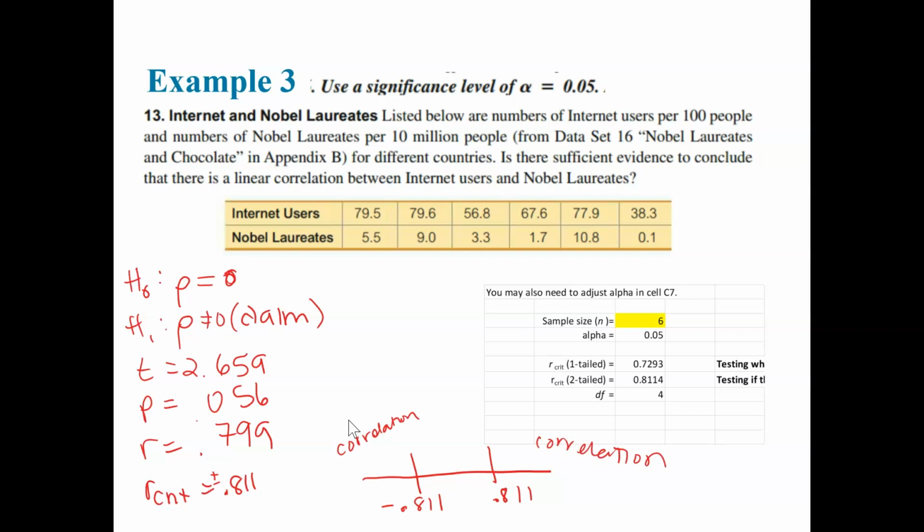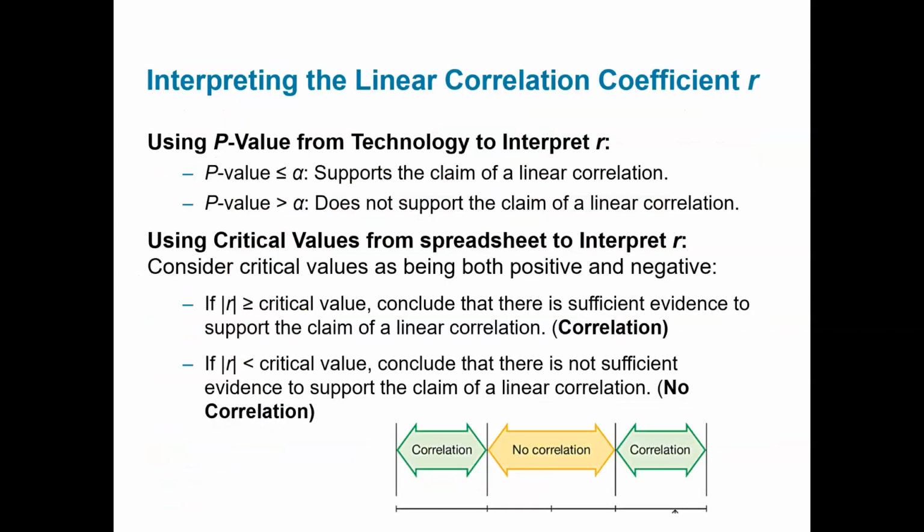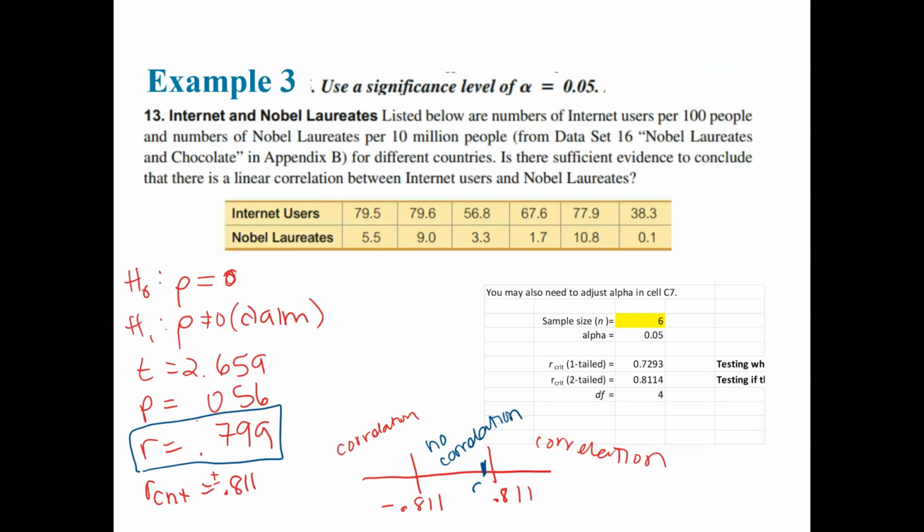So where does the value of R fall? R would fall, oh, so close there, 0.799, right? Super, super close. That's our R. That does fall in the no correlation. So we would say there is not sufficient evidence to support the claim of correlation.